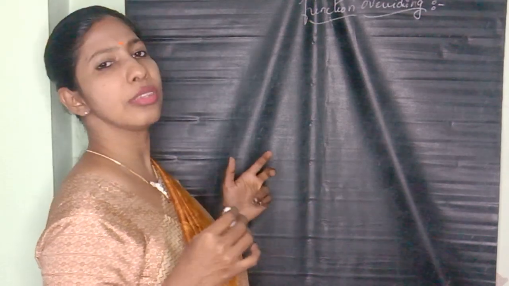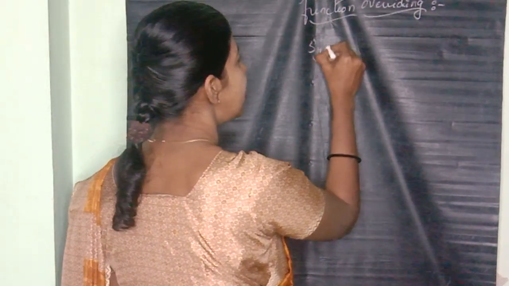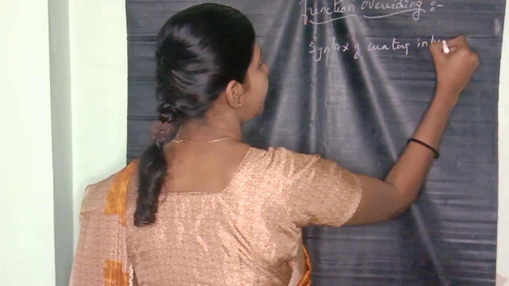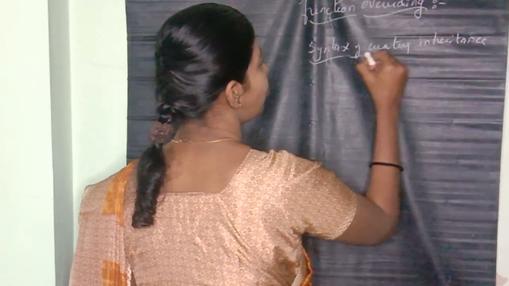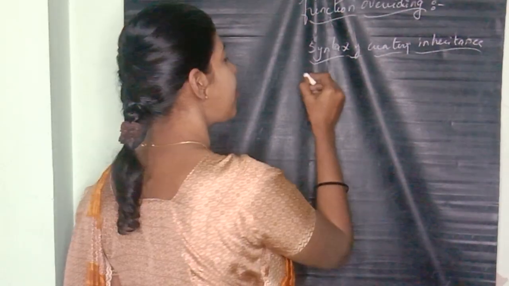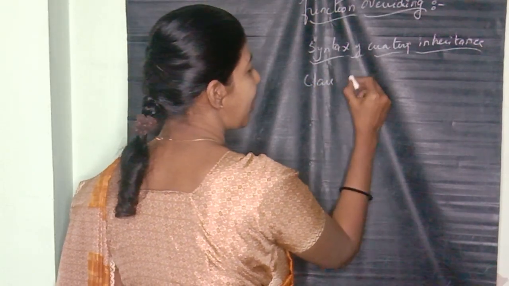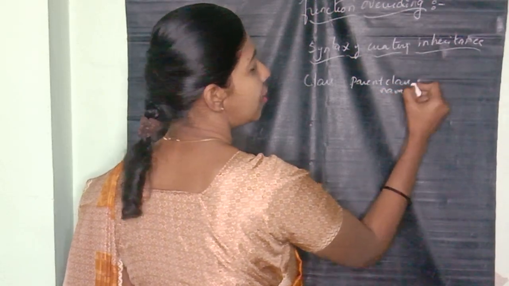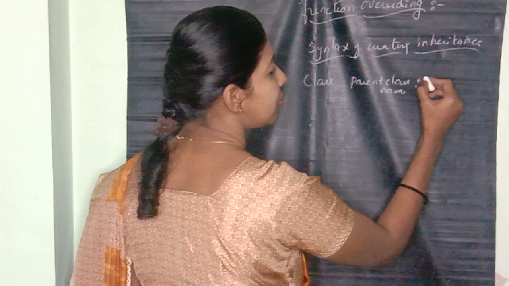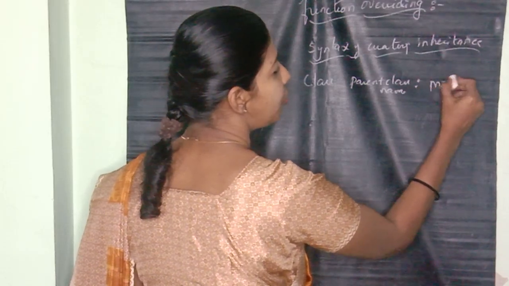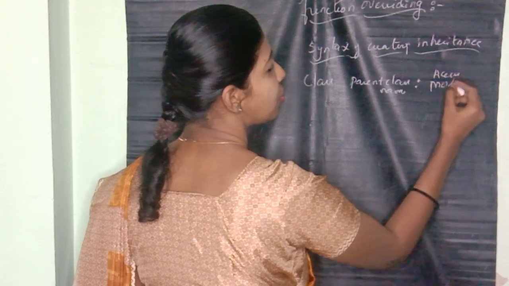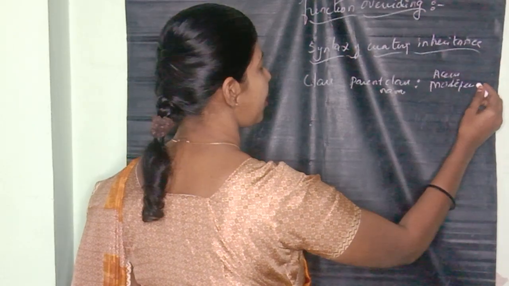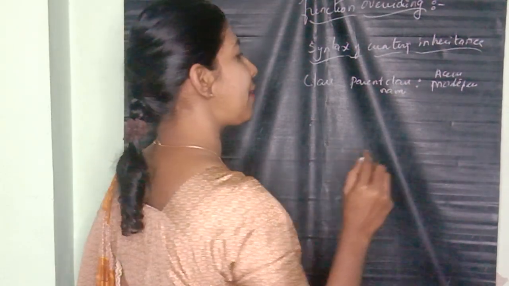Today we are going to see the syntax of creating the inheritance concept. What is the syntax? class, parent class name, colon, public, the access mode or access modifier, then the derived class name.